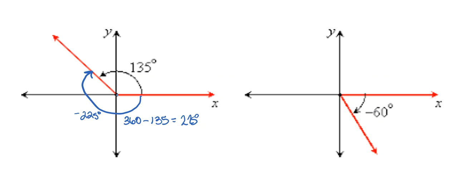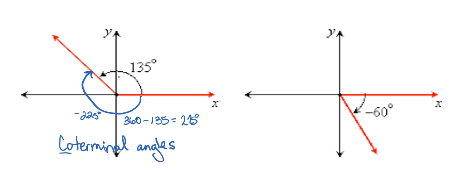Negative 225 and positive 135 are called coterminal angles. They're coterminal because they end at the same terminal side. That's why they're co. Now, those aren't the only two. There's many, many more. We don't have to stop at one circle.